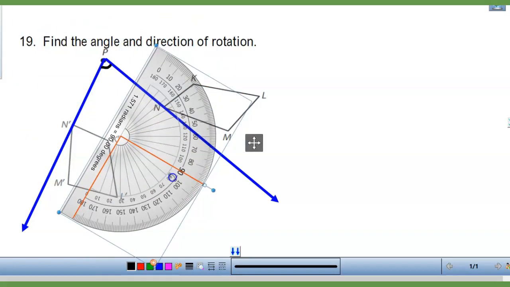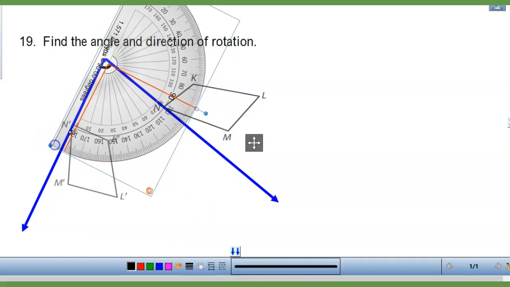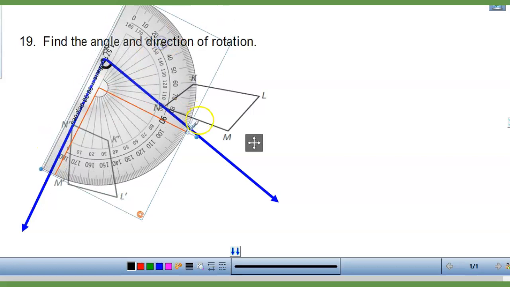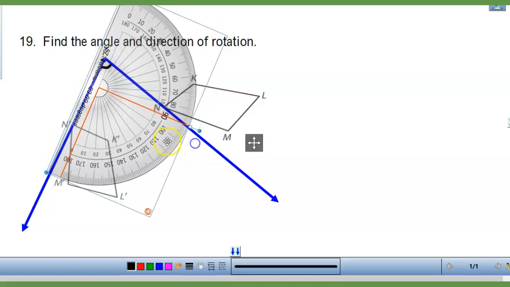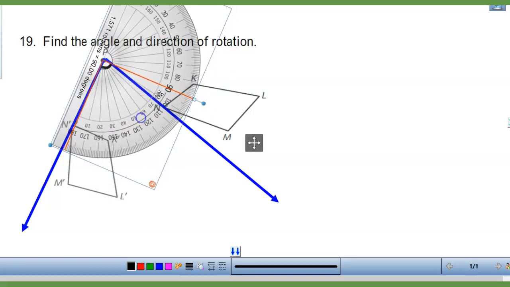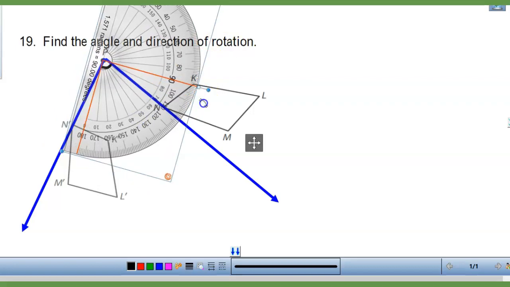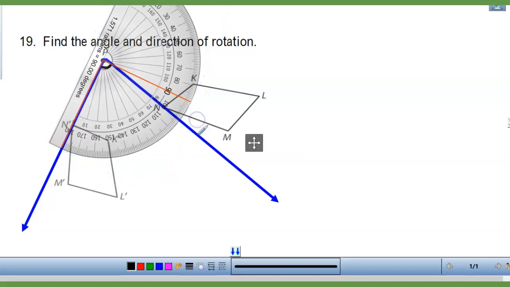Pull out a protractor, and do my best to line up one of these sides. There we go. Looks pretty good. Do a little more. About there.